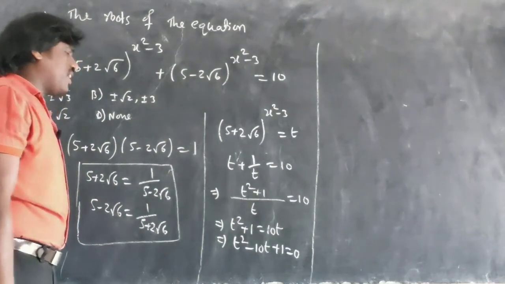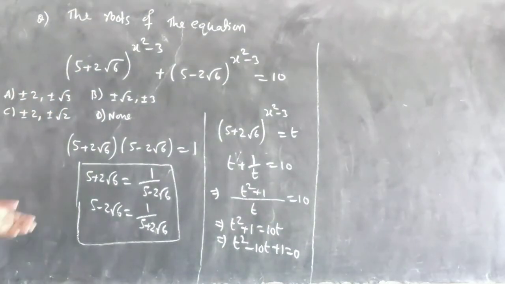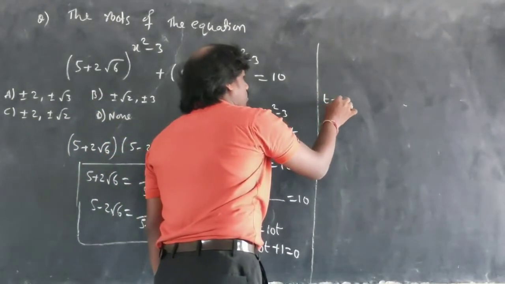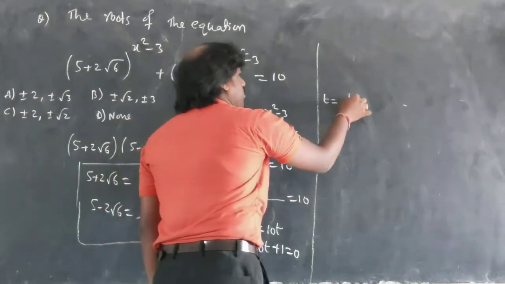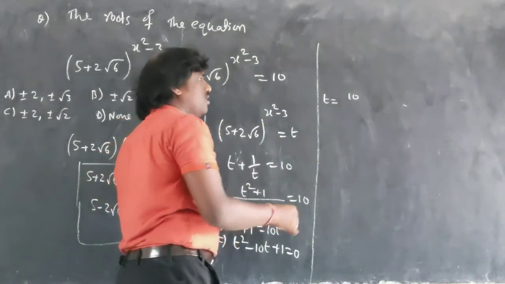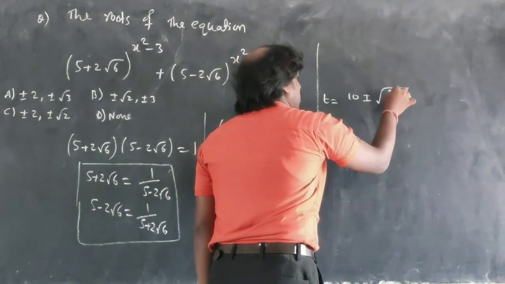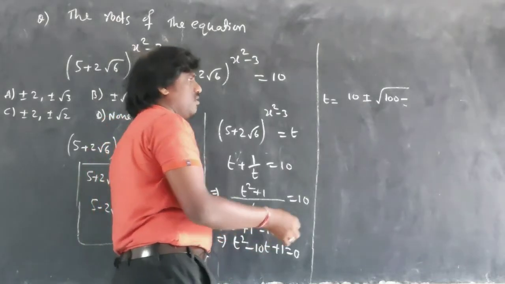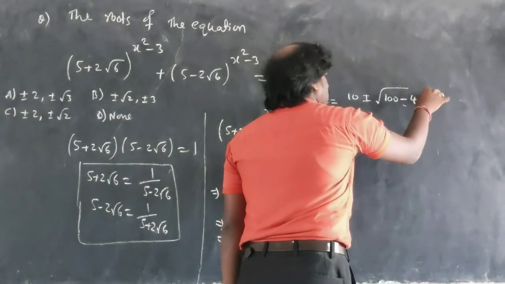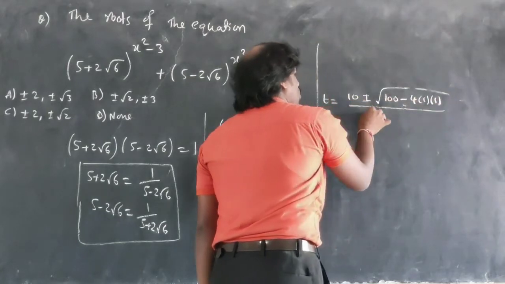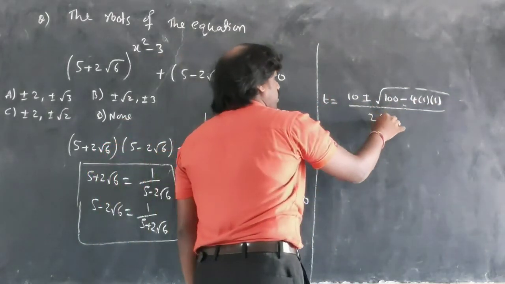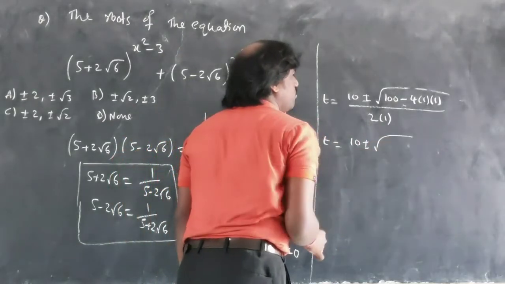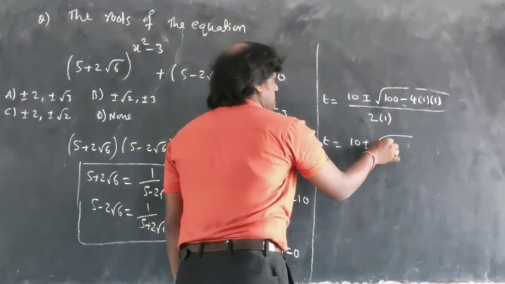To find the value of t, just apply the formula, because this is not going to split. t is equal to minus b, that is minus of minus 10, which is 10, plus or minus under root of b square, that is 100, minus 4 into a into c, that is 4 into 1 into 1, upon 2 into a, that is 1. So t is equal to 10 plus or minus under root of 100 minus 4, that is 96.